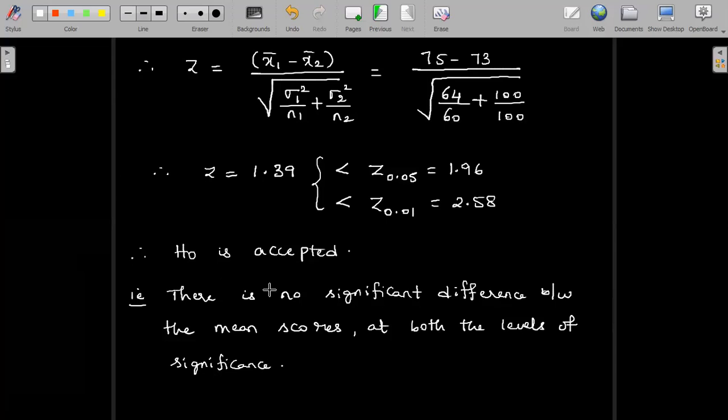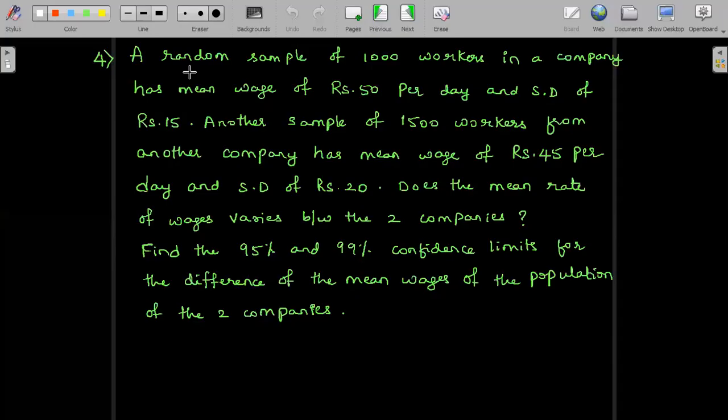So this was direct data given to us, that is, the mean, standard deviation, and size were directly given with respect to boys and girls. And with that, we obtained that H naught is accepted: no significant difference between the mean scores.